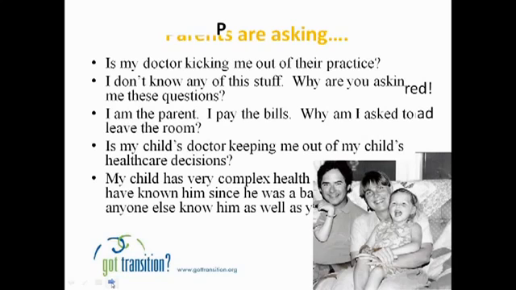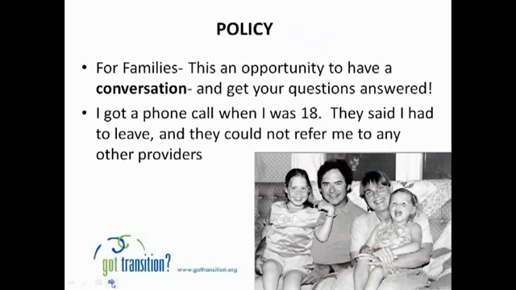And so in the next slide, what we're really looking at again goes back to the 6 core elements, starting with the policy. For a family to be able to see a policy in their provider's handbook or on the wall in the waiting room, in the bathroom, on a laminated piece of paper, gives families an opportunity to begin to have the conversation.